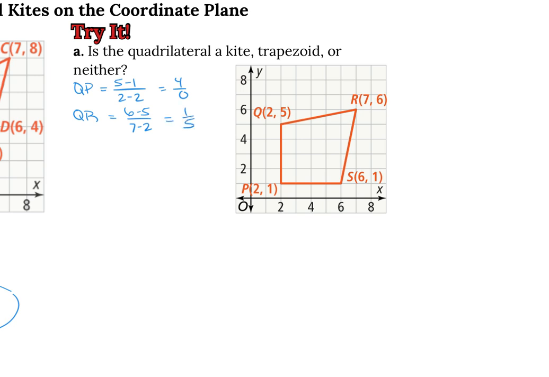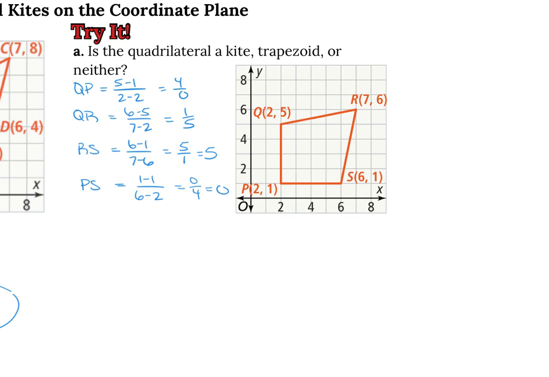Okay, so far I do not have any parallel sides. Okay, I do not have any parallel sides.